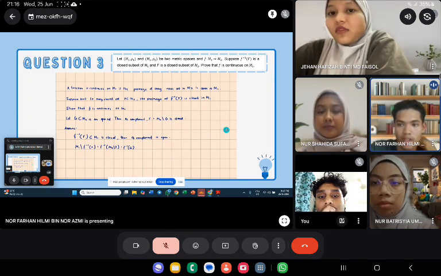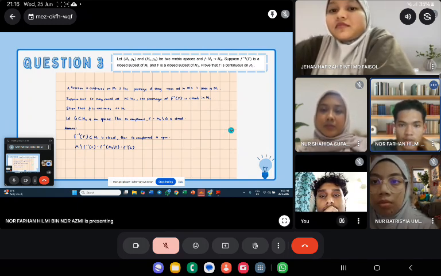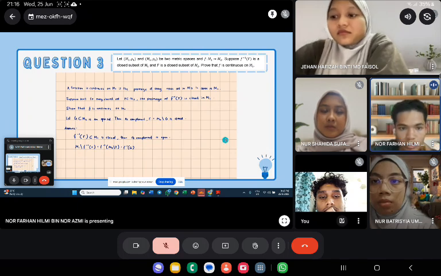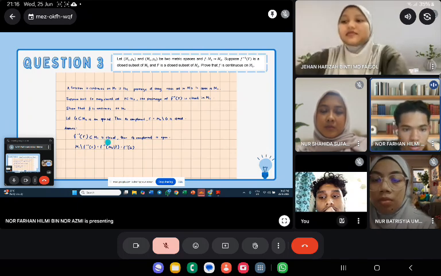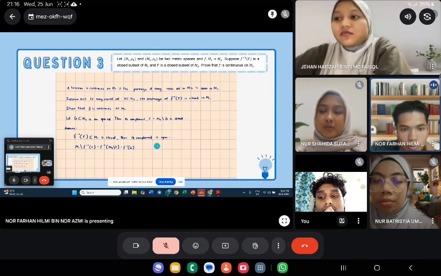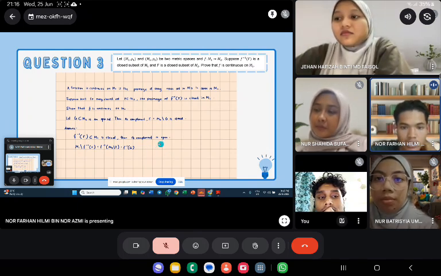Suppose f inverse of F is a closed subset of M1 and F is a closed subset of M2. The question asks to prove that f is continuous on M. So the first step is, you let G, a subset of M2, be an open set. Then its complement in M2, G complement, is closed.